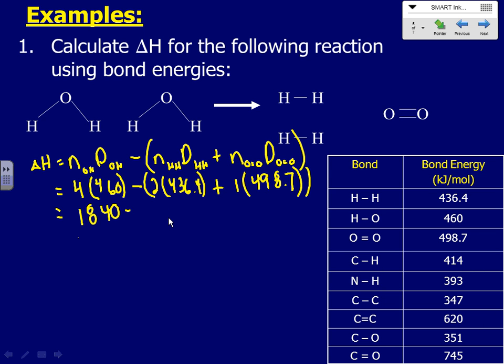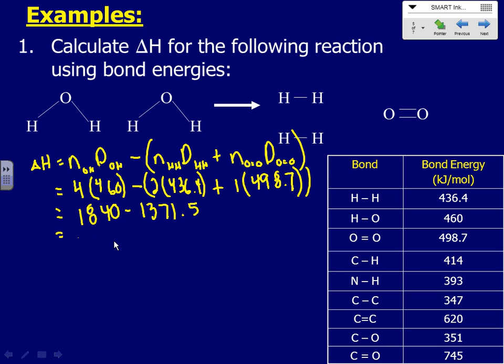Now let's do what's in the brackets. 2 times 436.4 plus 1 times 498.7 equals, and that gets me 1371.5. So notice, it takes a little more energy to break the bonds than to make the bonds.